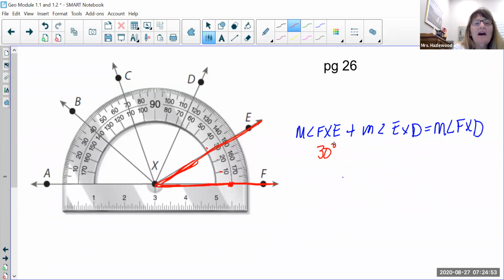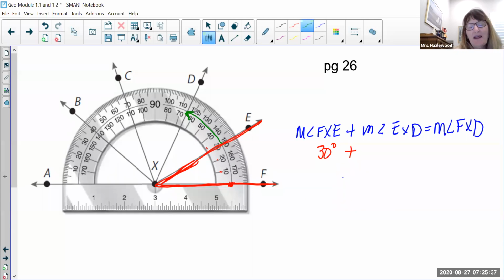Then I want to find the measure of the next angle. This is where I can use that ruler postulate, where I took one measure and subtracted it from the other. I can see that this goes from 30 up to 65, so you could just say 65 minus 30, and you would know that is 35.